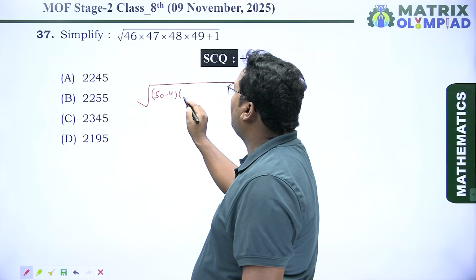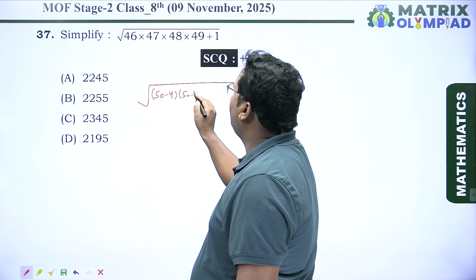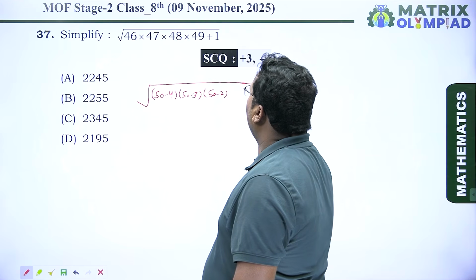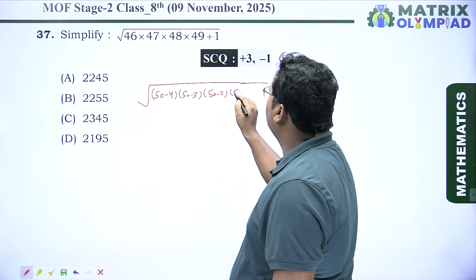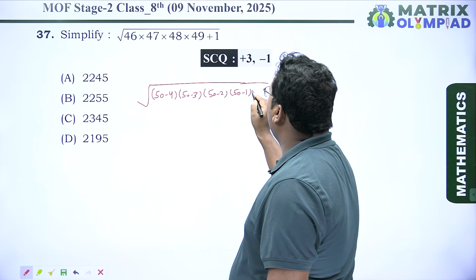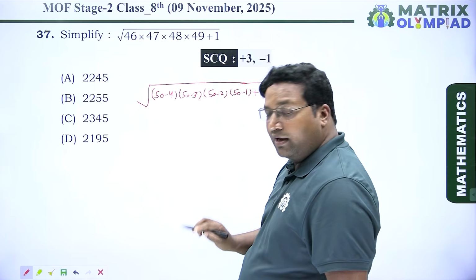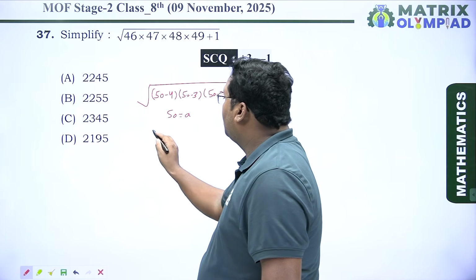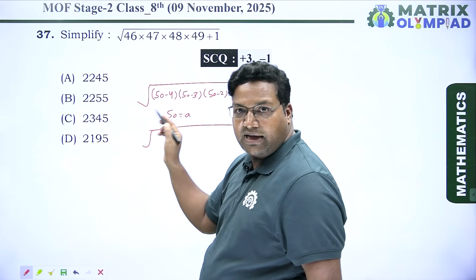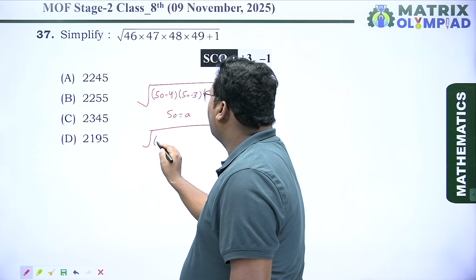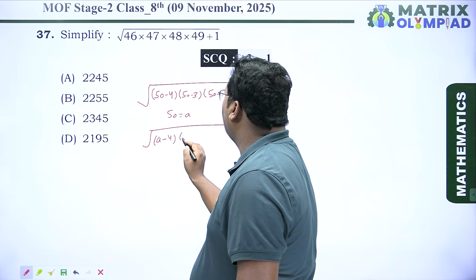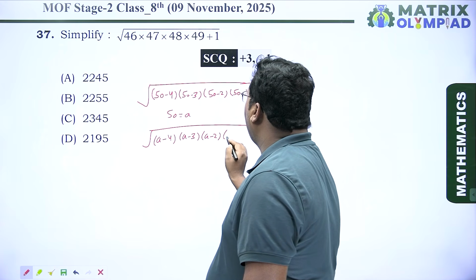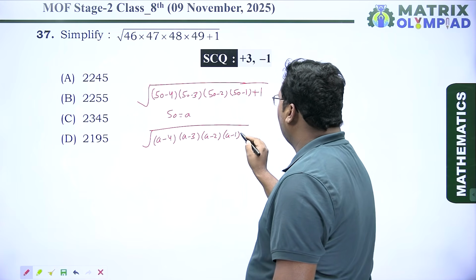Similarly, I have to write 47 equal to 50 minus 3, 48 is 50 minus 2, and 49 is 50 minus 1, plus 1. Now I have to put 50 equal to A. So this expression is now A minus 4, A minus 3, A minus 2 and A minus 1, plus 1.